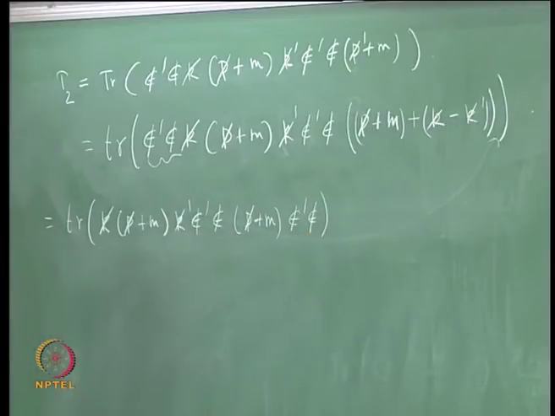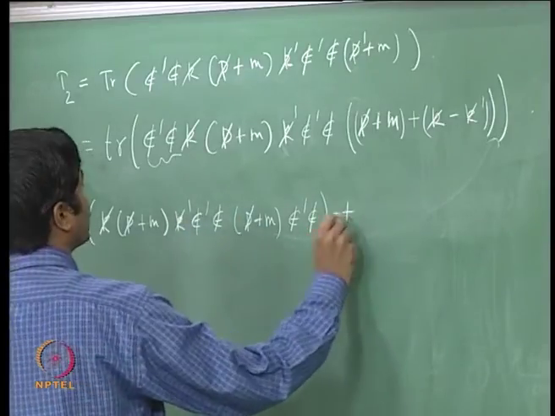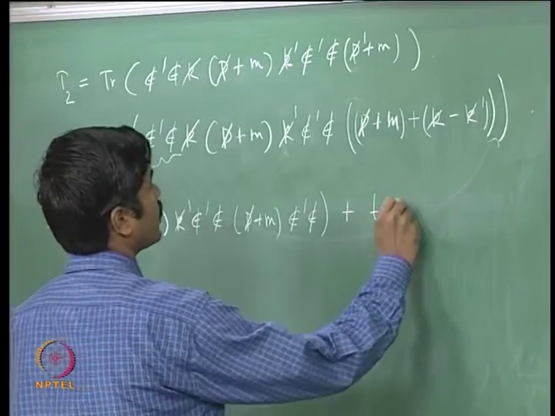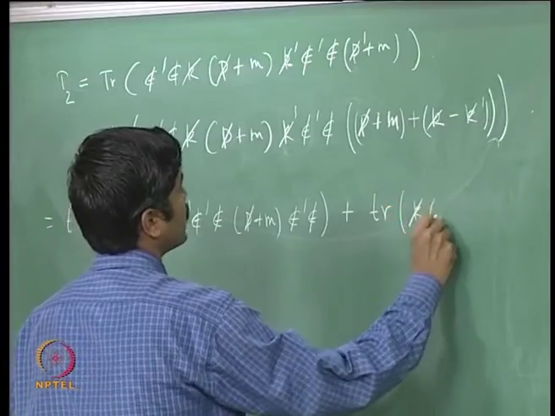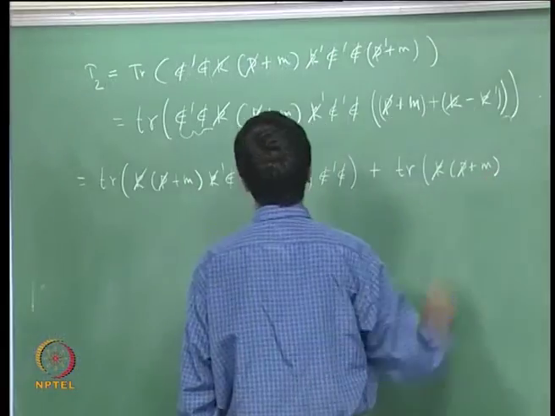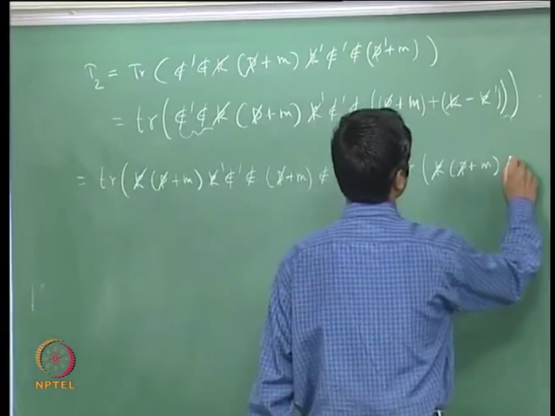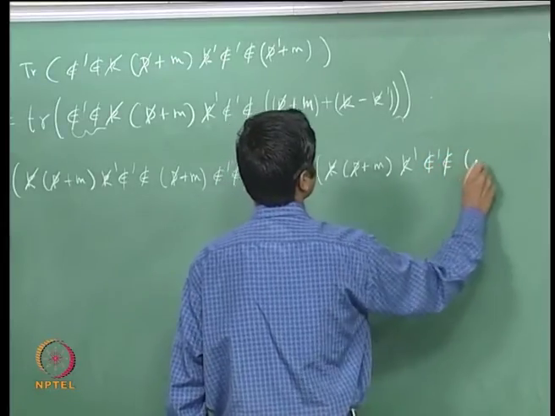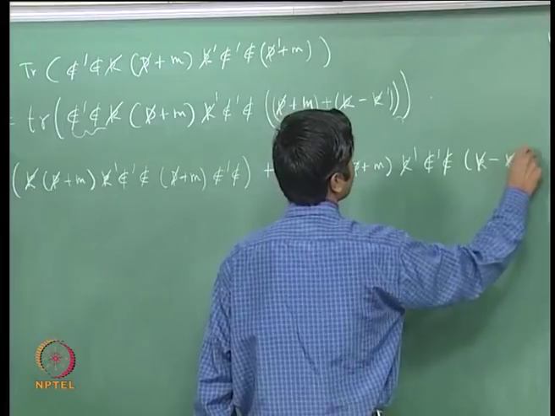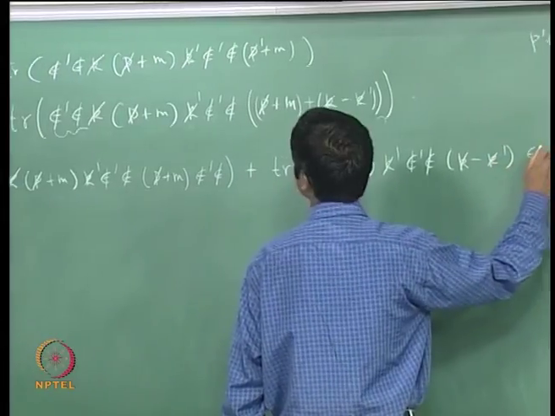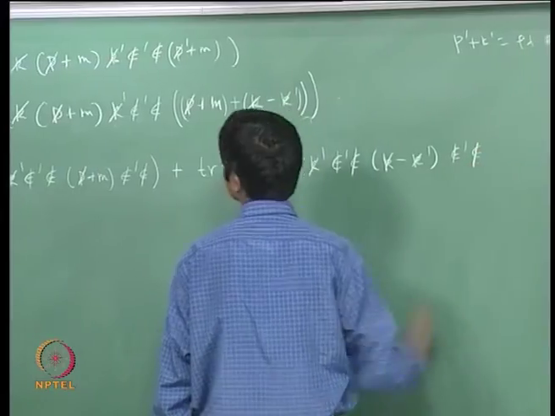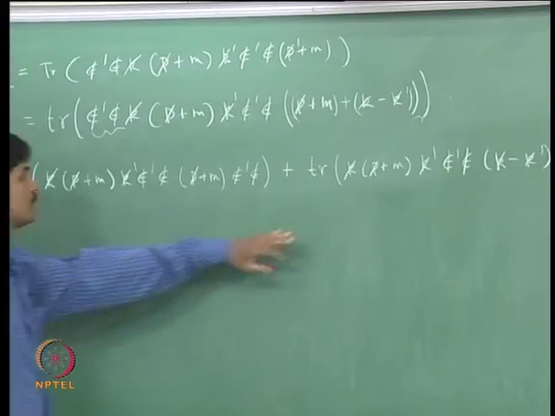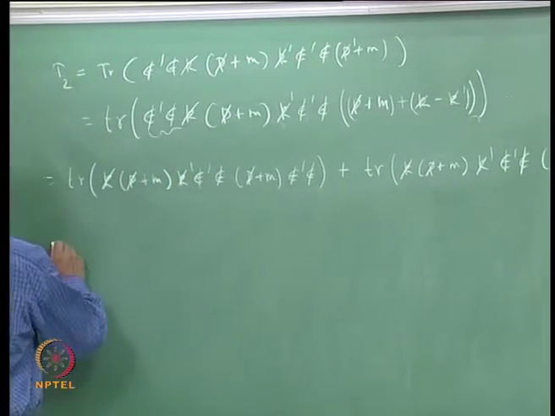That is the first term, and the second term is a trace of K slash, P slash plus M, K prime slash, epsilon slash, then K slash minus K prime slash, epsilon prime slash, epsilon slash. That is the second term. We will evaluate each of these terms. So, let us consider the first term first.